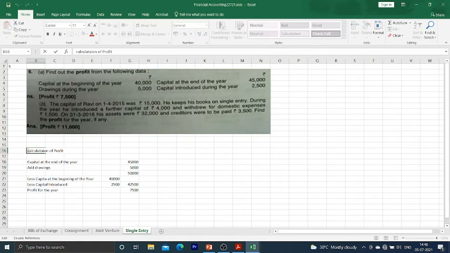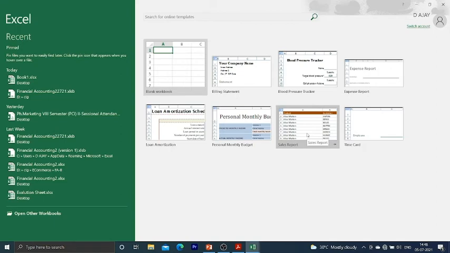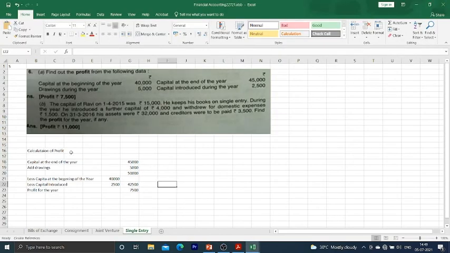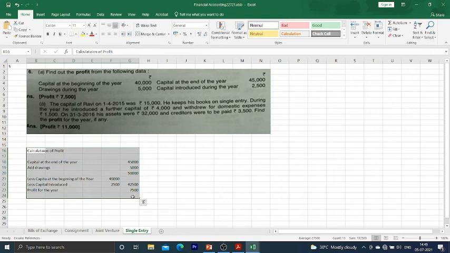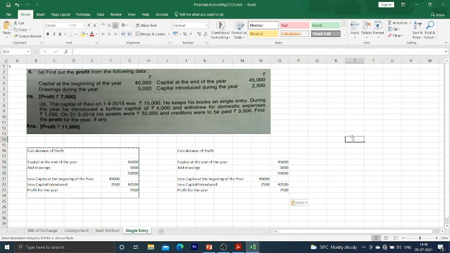One more I will explain. The capital of Ravi on 1/4/2015, the beginning of the year, is 15,000.